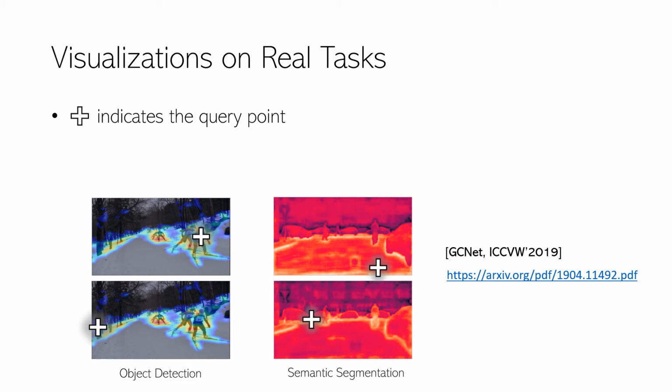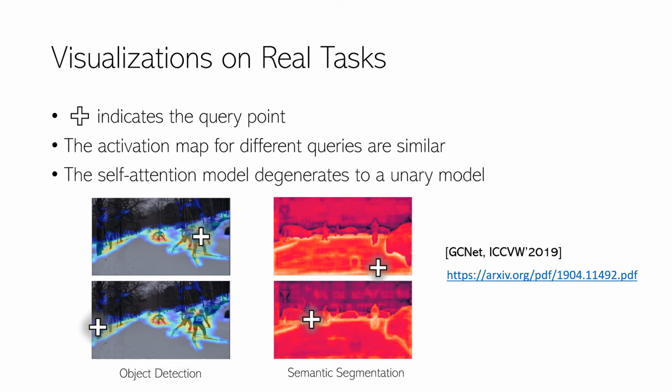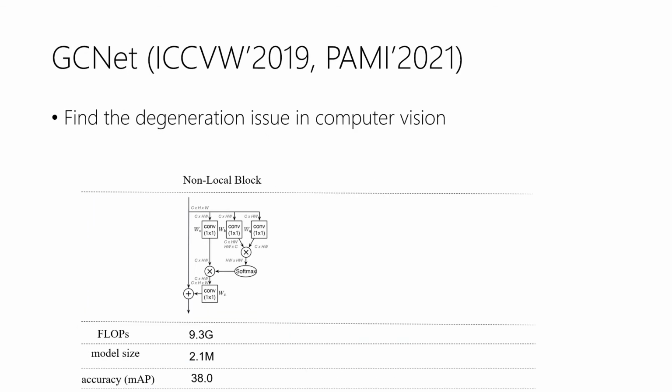We can see that the attention maps of different query points are very similar, especially for object detection. This also indicates that the self-attention model degenerates to a unary model. We found this degeneration phenomenon in 2019.